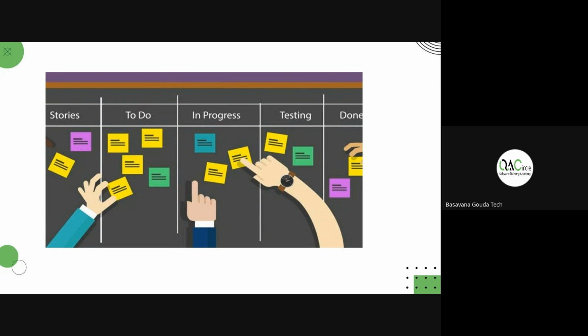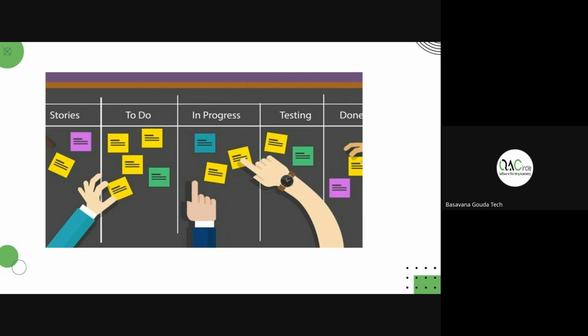So this becomes a monotonous job. If one person is sitting in Africa, one in America, and one in India, it's very difficult for them to come to India and change the sticky notes from to do to in progress, and then to testing. That is impossible, right?